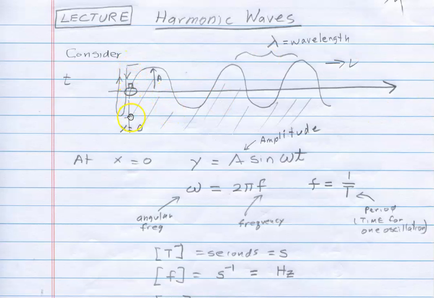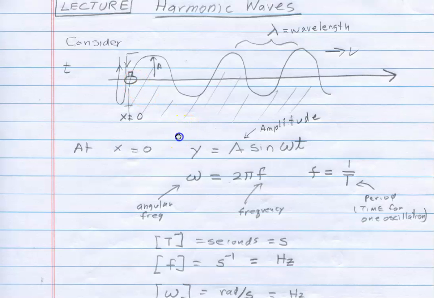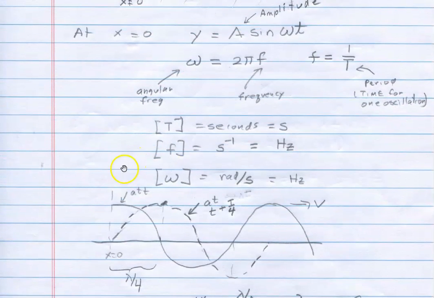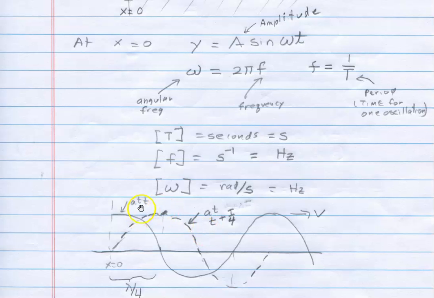So the total time for one complete oscillation is the period T. So this peak comes down to this point after a time of one fourth of a period. And whatever time I took this photograph of this solid wave, I call that time t. This dashed wave is where the wave is after a fourth of a period, so it's at t plus the period divided by 4.